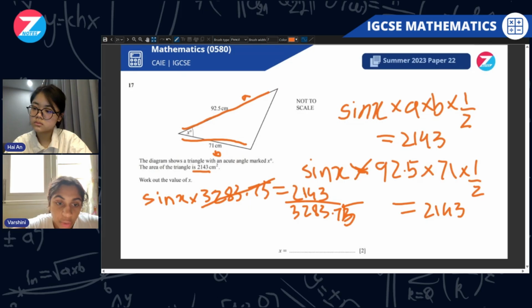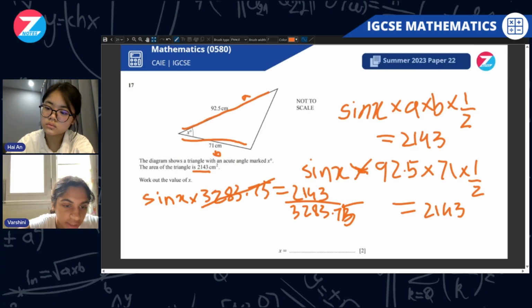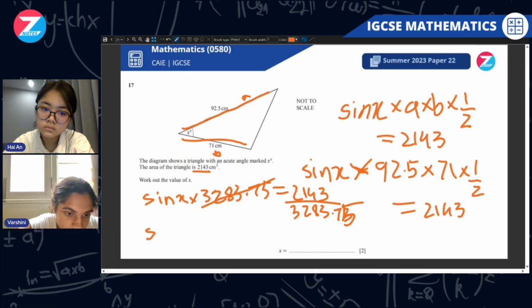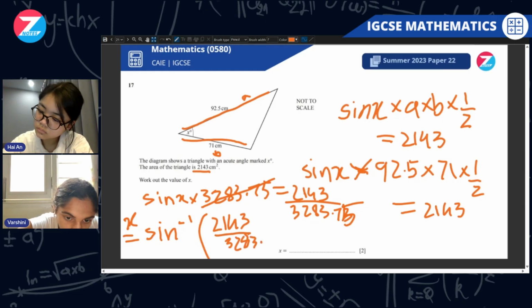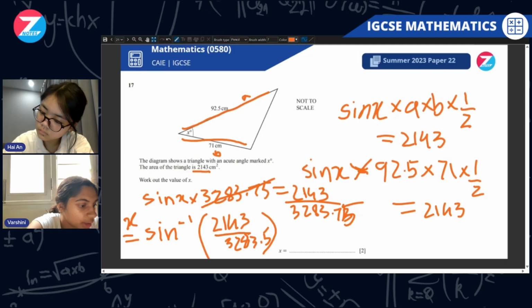Okay, so now we have what sine x is equal to. How do we find x? We take the sine inverse, which is the button on our calculator, sine to the power minus 1. So all we have to do is put in that value in sine minus 1. So x is going to equal sine inverse of 2143 divided by 3283.75.